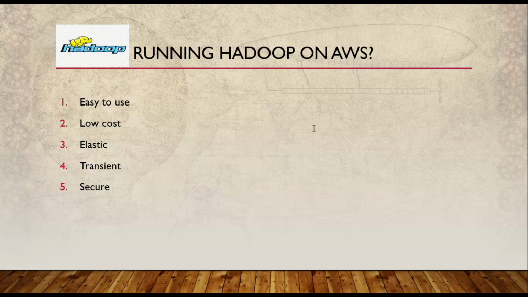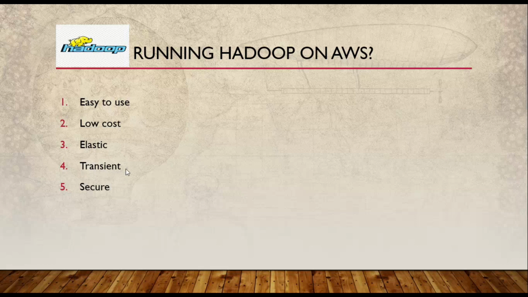Low cost. Amazon EMR pricing is simple and predictable. You pay an hourly rate for every instance hour you use, and you can leverage spot instances for greater savings. Third one is elastic. With Amazon EMR, you can provision one, hundreds, or thousands of compute instances to process data at any scale.